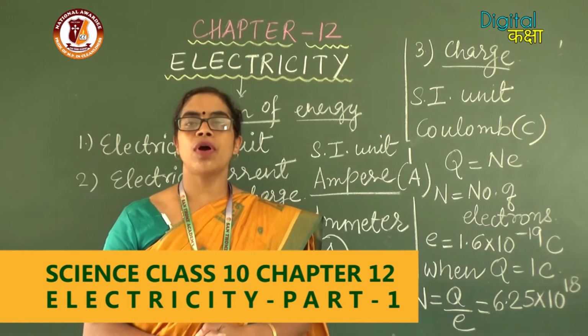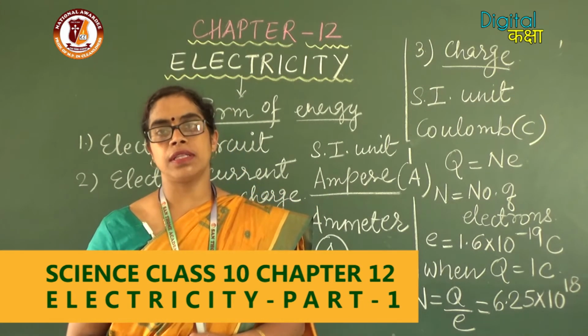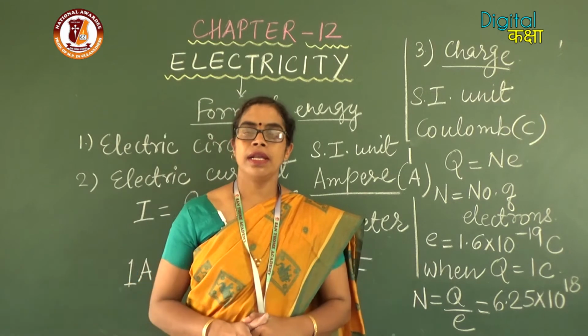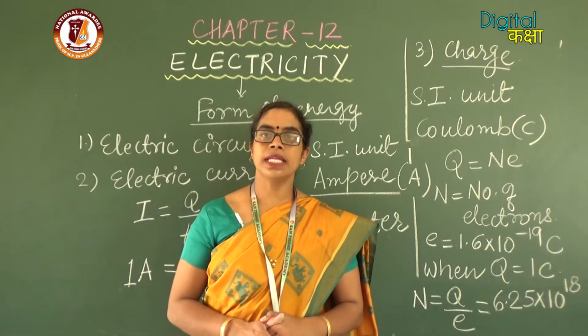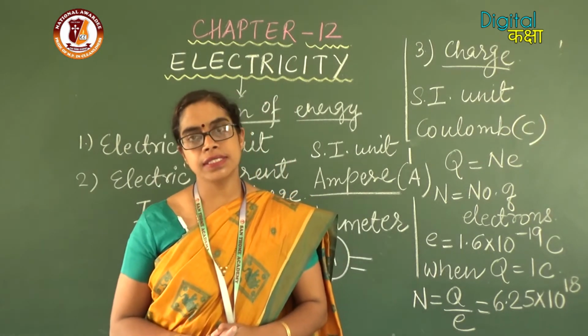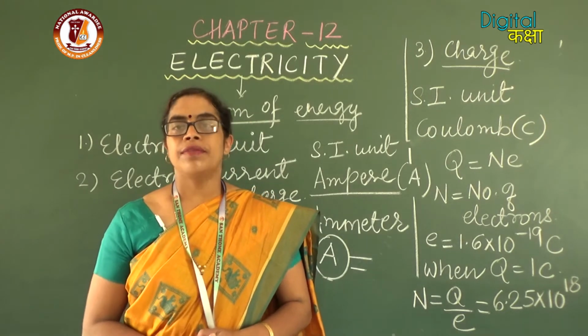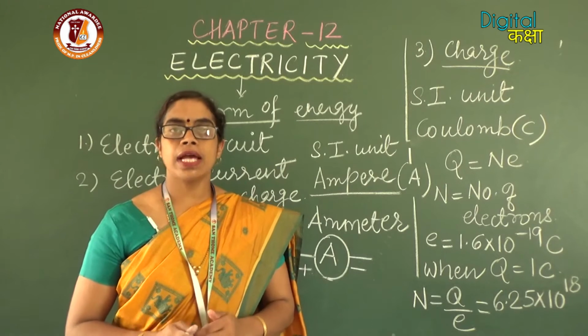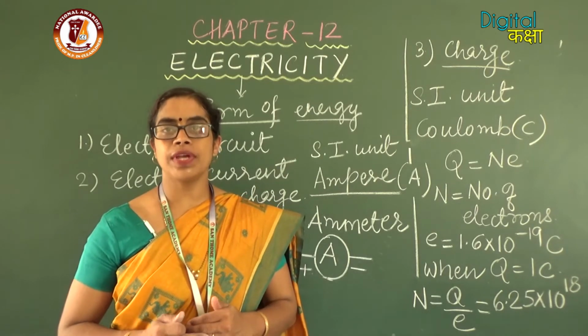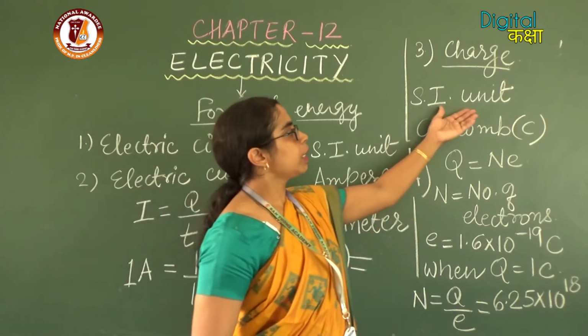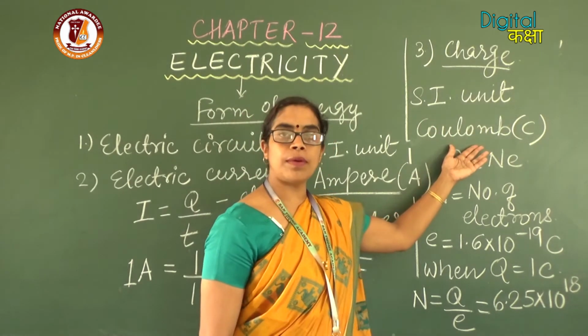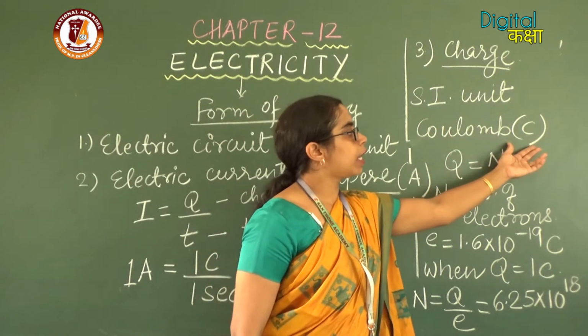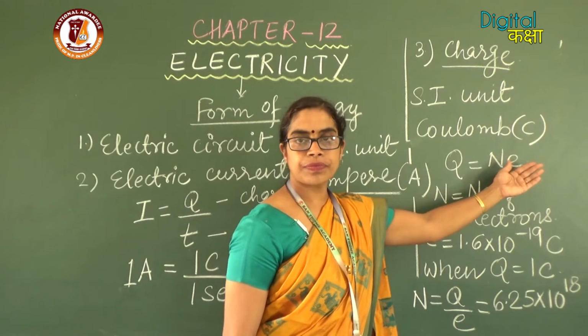The example for a positively charged particle is proton, and the example for a negatively charged particle is electron. Since charge is a physical quantity, certainly it has its SI unit as well. So, the SI unit for charge is coulomb, which is denoted by capital C.